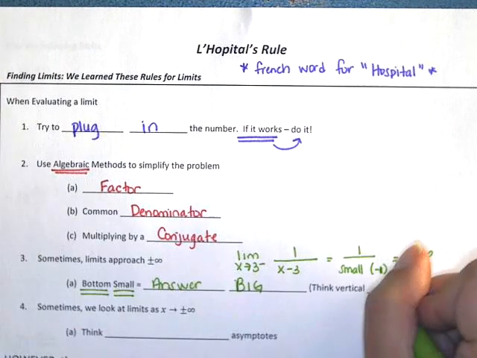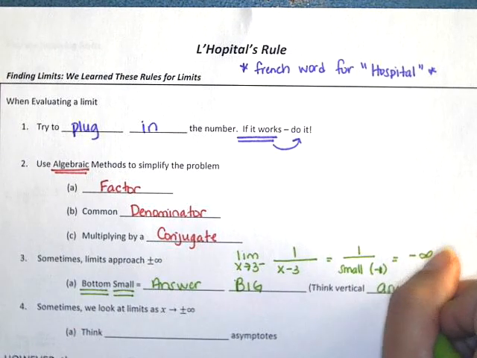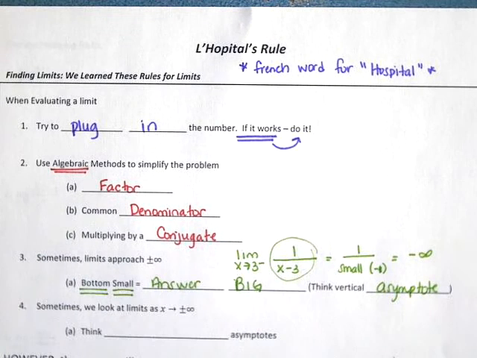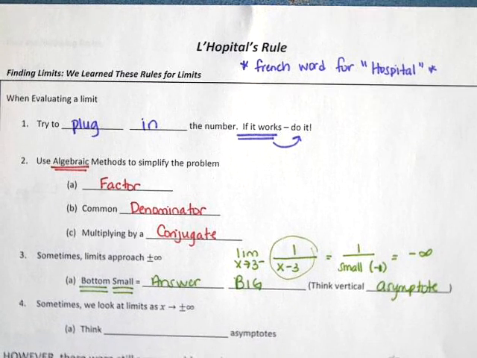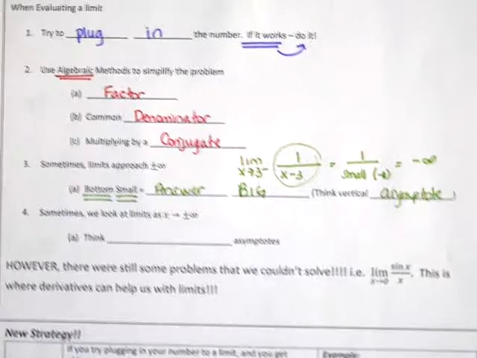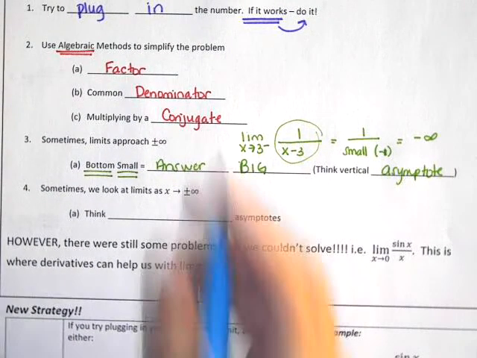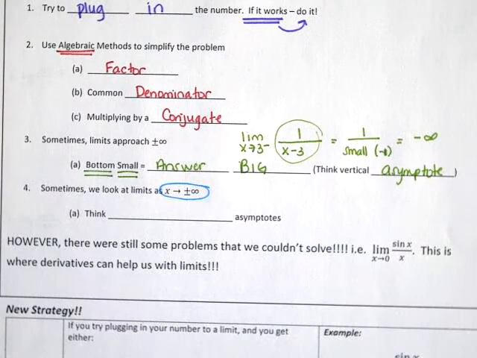Think about this as being like a vertical asymptote. In this equation, the vertical asymptote would occur at the number 3. And when there's an asymptote, you can't cross through it. So you're either going to go up or you're going to go down really, really far in order to try to get around it. Sometimes the x value approaches positive or negative infinity.